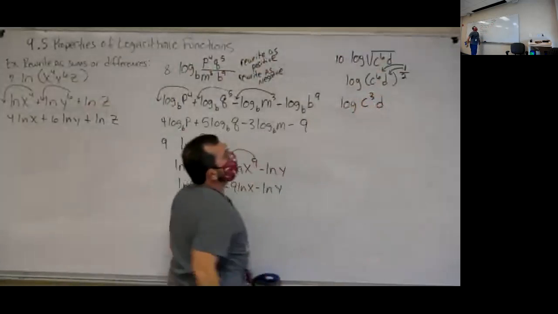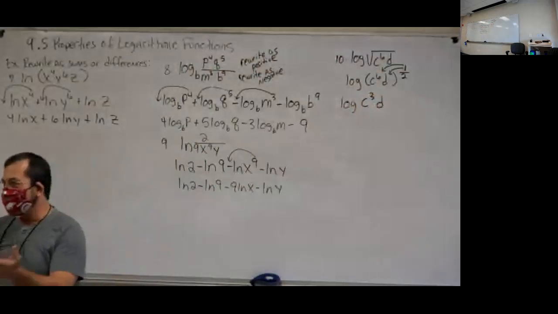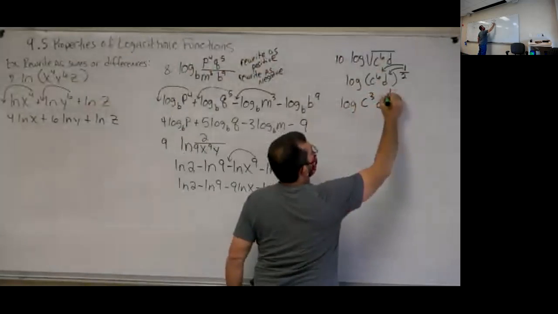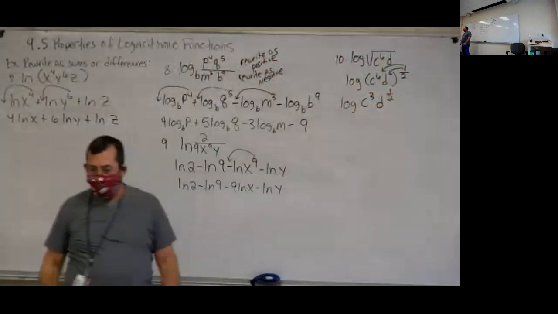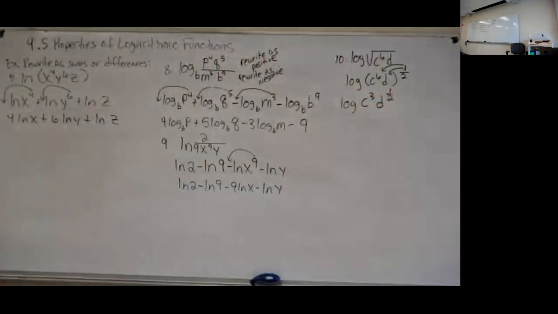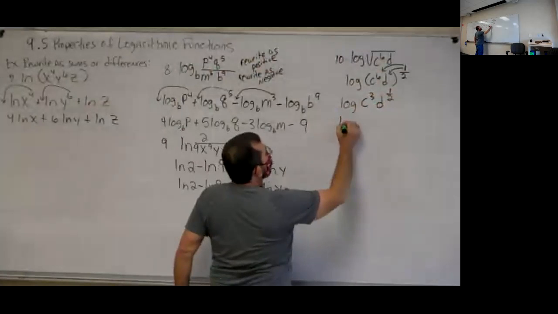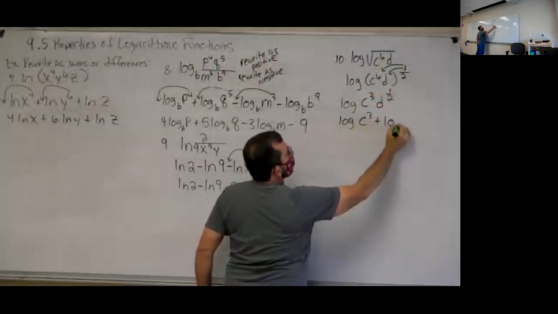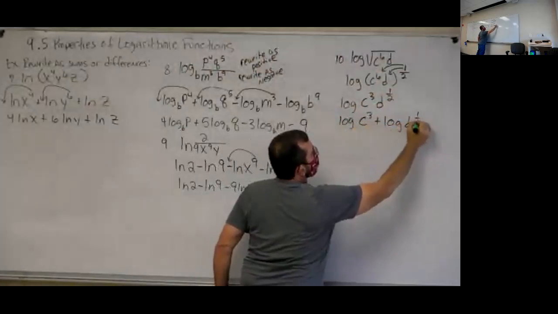In D, well, it's just got a 1 there, and 1 times 1/2 is going to stay 1/2. Okay, so you've got a product there. To rewrite the product, we're going to write it as addition. So that'll give me log C^3 plus log D^(1/2).